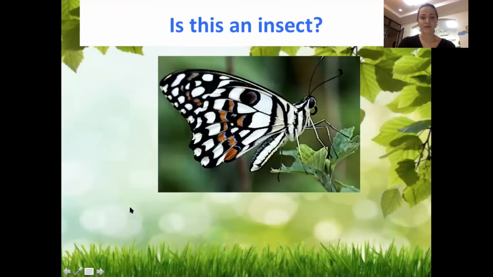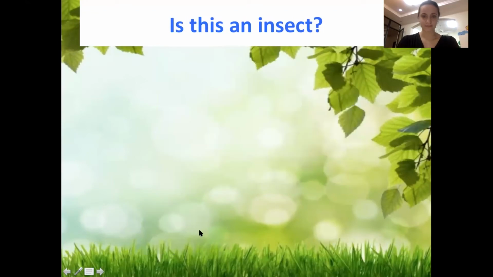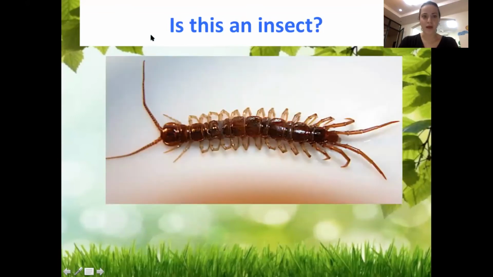What about this one? Is this an insect? Yes or no on 3. Ready? 1, 2, 3. Yes. Great job, everyone. I see 6 legs. I see antennae. I see 3 body parts and wings. Excellent job. What about this one? Is this an insect?